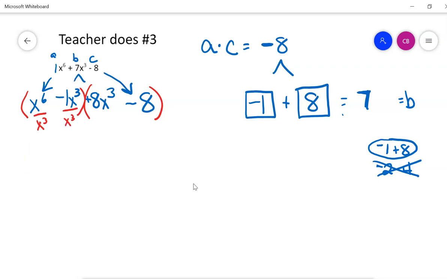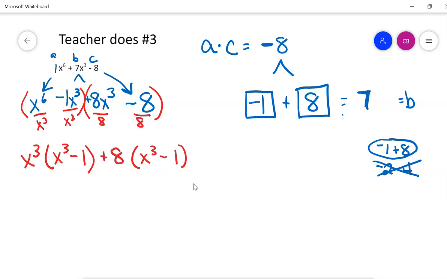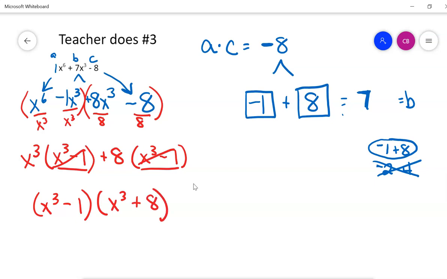So we have x cubed, and what's left over is x cubed minus 1. In the other group, we know we're going to end up with x cubed minus 1, so we had to divide these by 8. Now, because my x cubed minus 1s are the same, I write that down, and then my other factor will be x cubed plus 8.